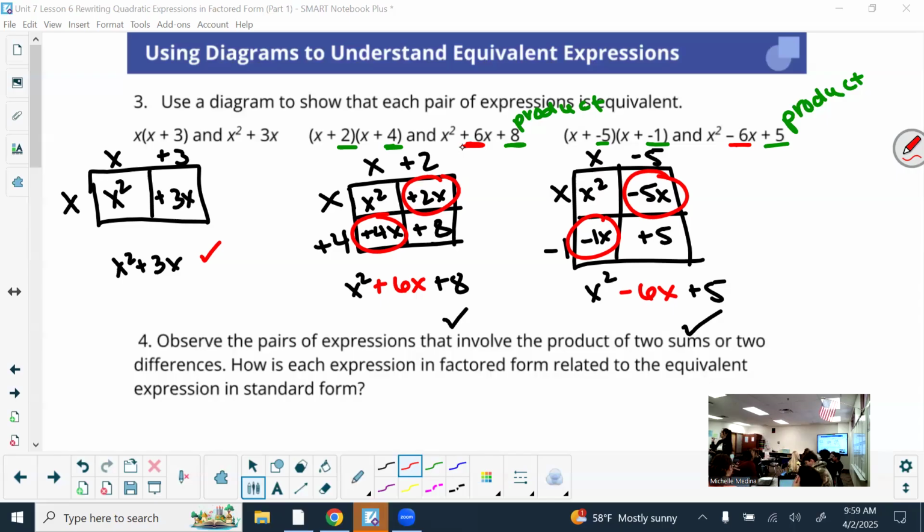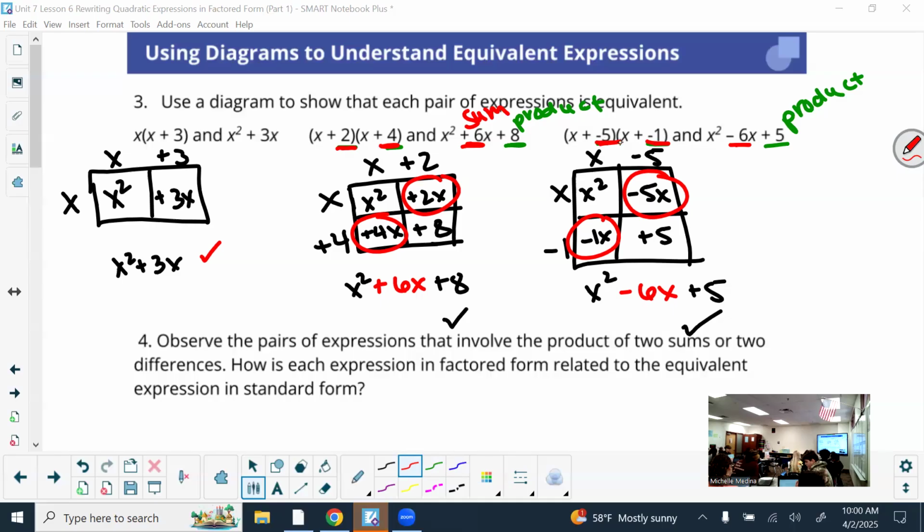I combine like terms. And combine means what in math? You add them. So this number in front of the X is always the sum of these two numbers, isn't it? 2 + 4 is 6. -5 plus -1 is -6.